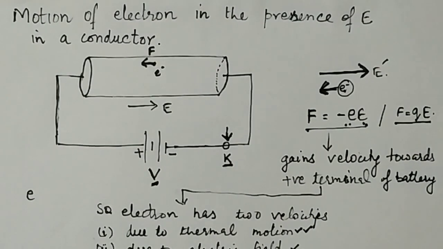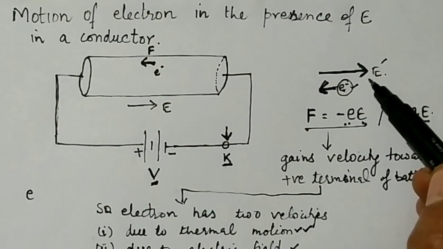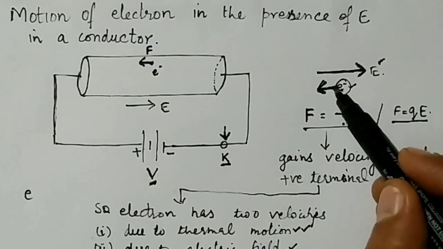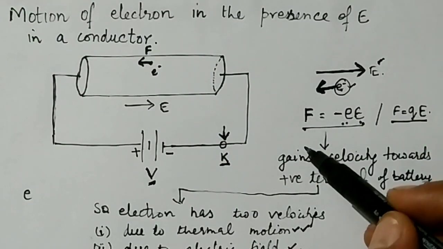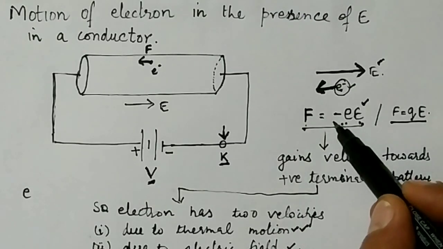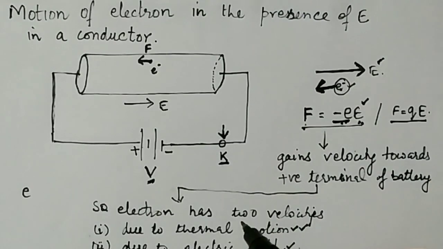We know that when the electron is placed inside electric field, then it will experience a force in the opposite direction, and the force is given by F is equal to the charge of the electron into the electric field.